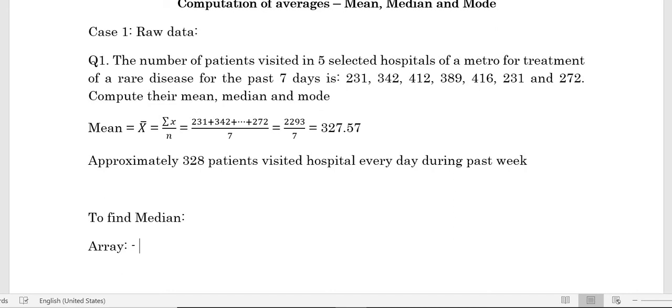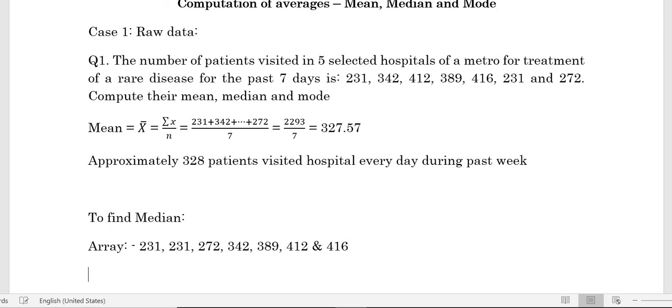The lowest number is 231 itself. 231 followed by one more 231. Then we have 272. Then we have 342 followed by 389, 412, and last value or the highest number is 416.